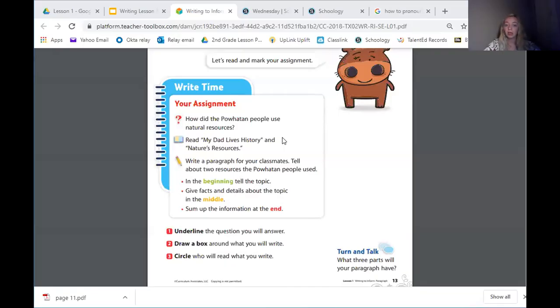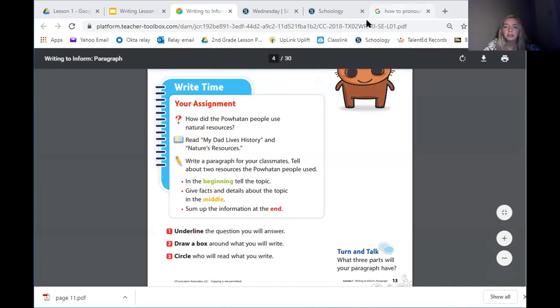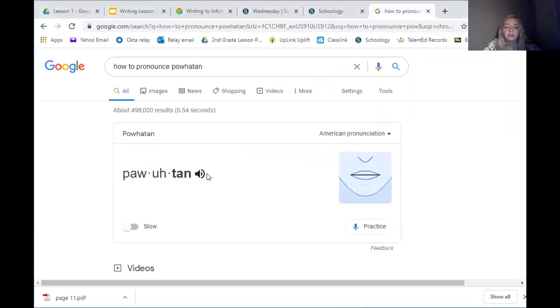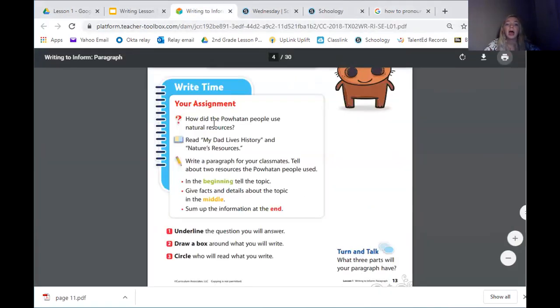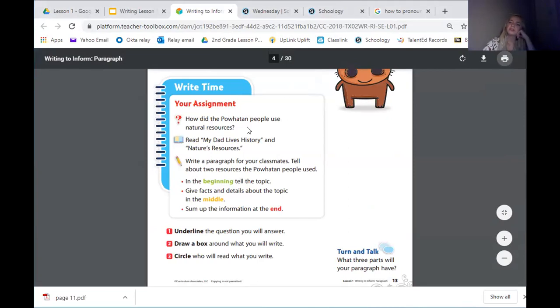So now I have a couple of questions for you about our assignment. My first question is, what are resources? Because on this question mark, when it says, how did the Powhatan, let me make sure I'm saying this right again. Powhatan. How did the Powhatan people use natural resources?